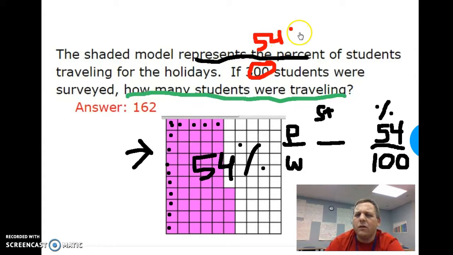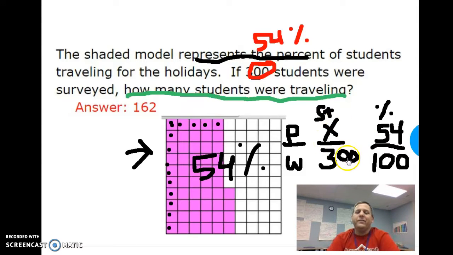That means not all the students were traveling, because if they were all traveling, that would be 100%. So if 300 were surveyed, that makes that the whole. 300 is the whole, so it's going to go on the bottom. 300, and I'm going to put an X up here.